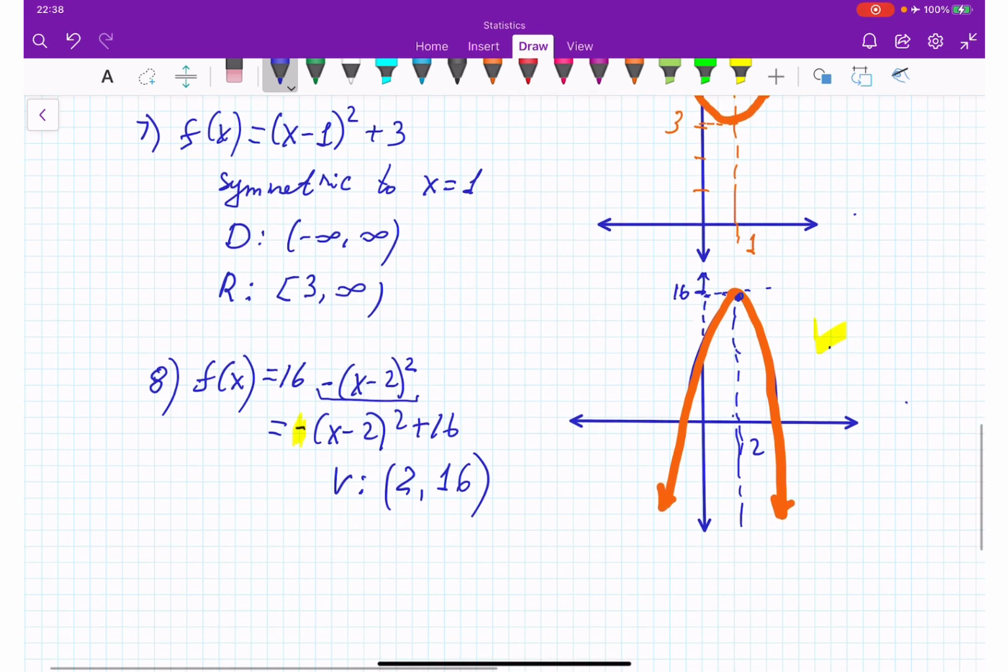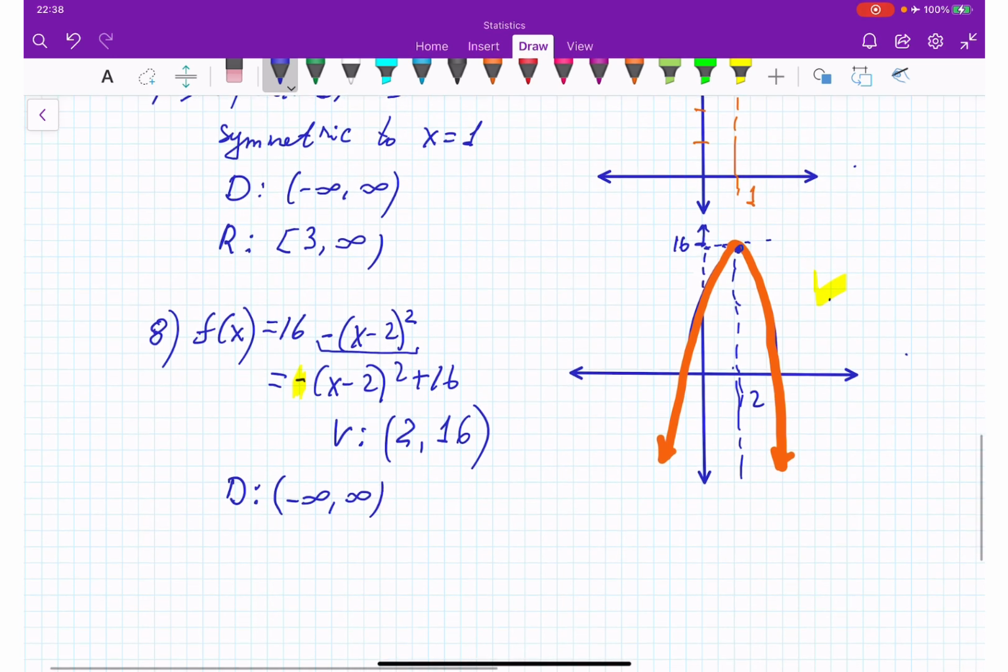Now, domain, again, is going to be negative infinity to positive infinity, but the range, where it's at the end, 16. Since y is growing, this is negative, this is positive. So the y is growing like this, right?